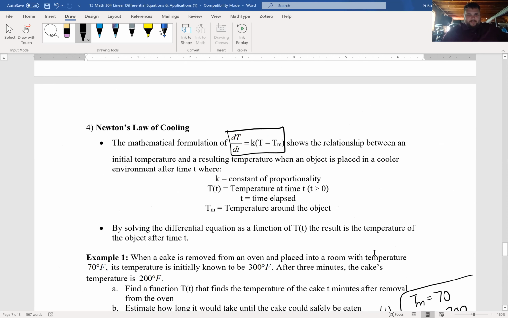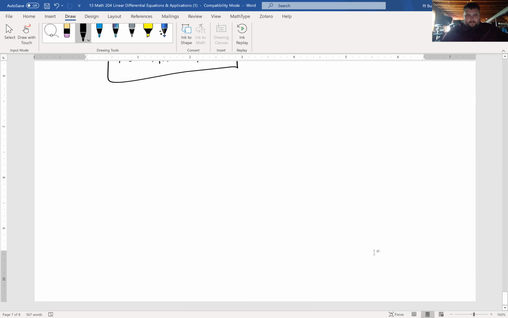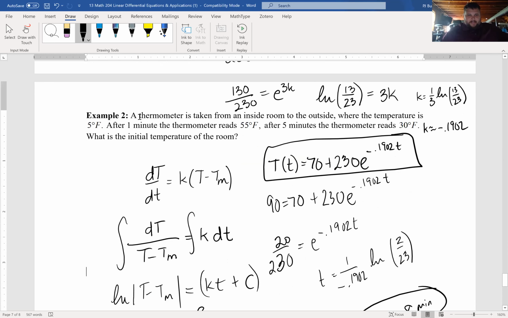What I would like you guys to do is go ahead and try the second one here. And yes, I would like you to start with the original equation and solve the differential equation first.